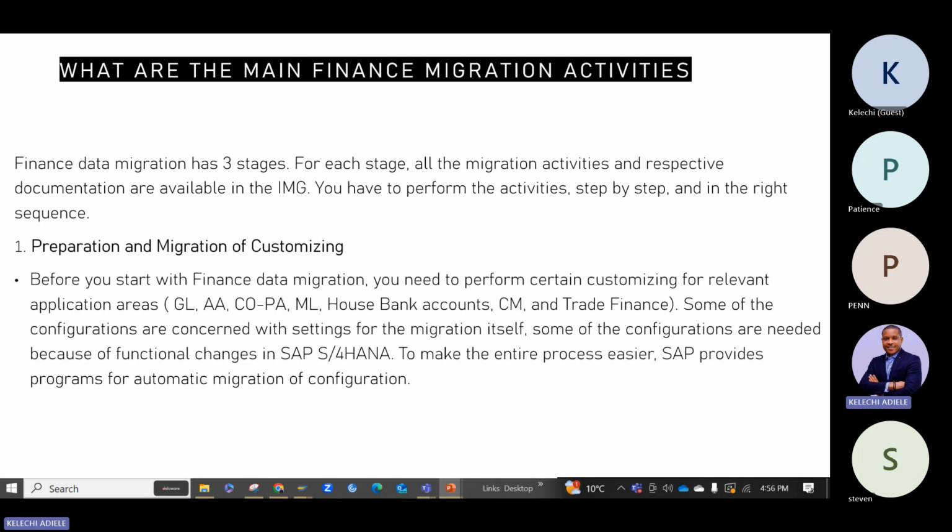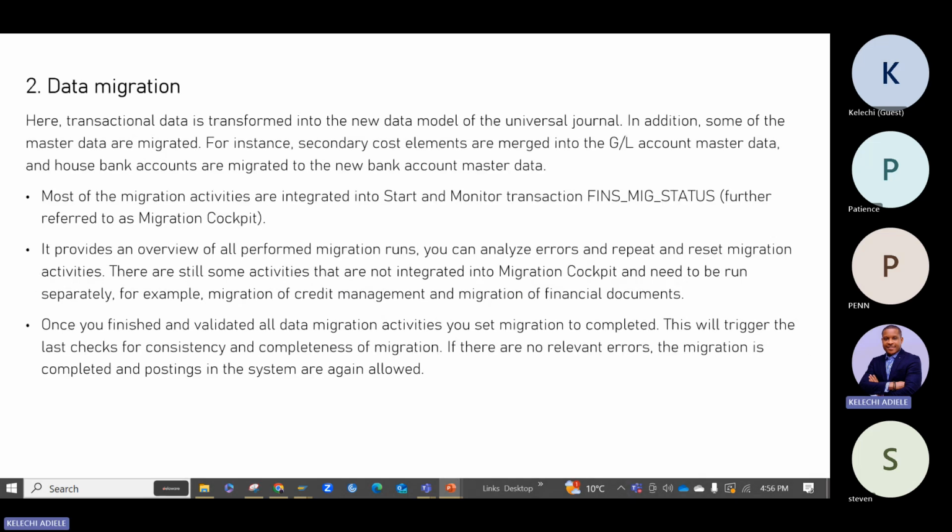The main migration activity, number one, is preparation and migration of customizing objects. We're going to see that briefly. You have to prepare and transport all your customizations. Number two is data migration. Basically, you have to make sure all your data are transformed using the right model, the template that SAP has, because you can't use an ordinary Excel to do your migration.